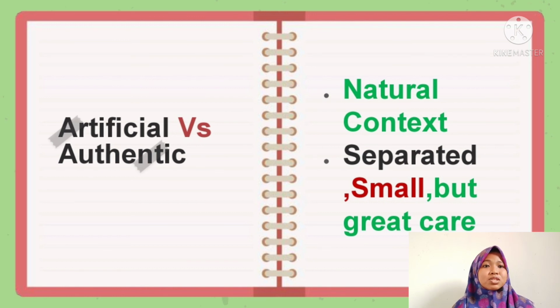So the skills are integrated, and there is only a slight difference between the four skills. But if we talk about artificial, it means that the skills in our tests are separated. The benefit is that we can give great care to each skill that we want to assess.